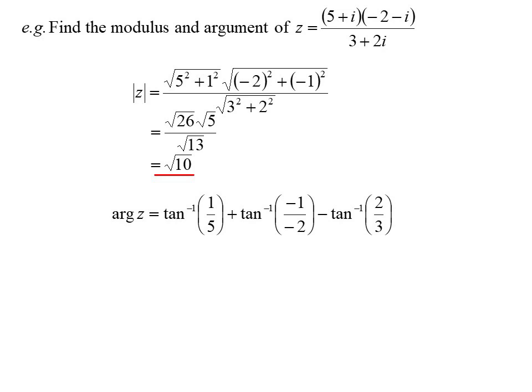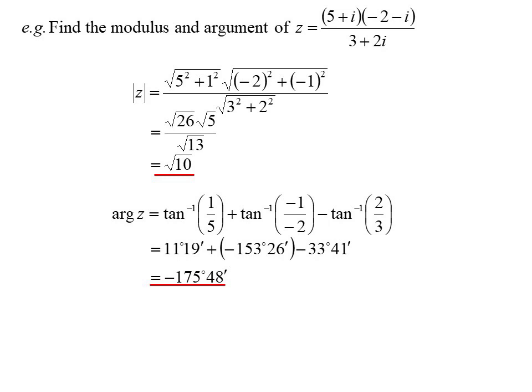Now, the argument, I'm going to have to go to degrees with this one because they aren't exact values. I'm not going to get a nice neat pi on something. So I'll go to degrees. Inverse tan of 1/5. Now 1/5, first quadrant, so I know I've got the acute angle, 11 degrees 19.